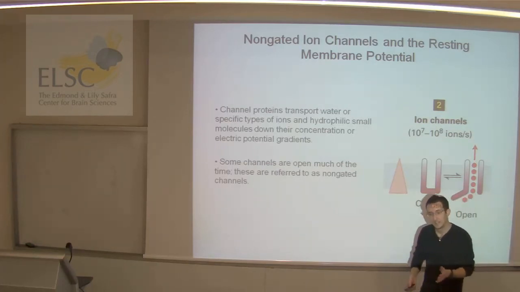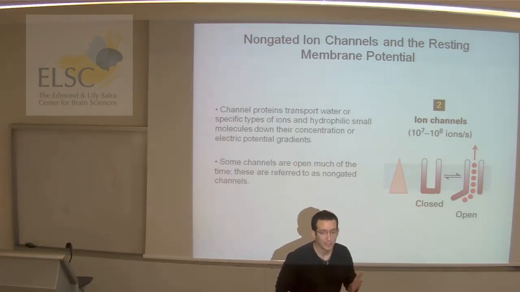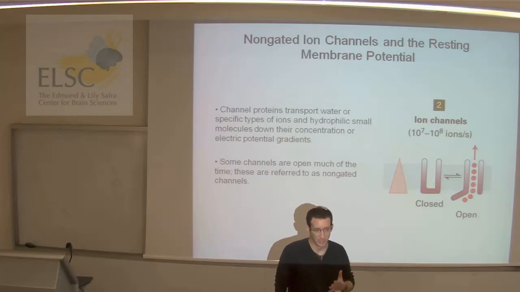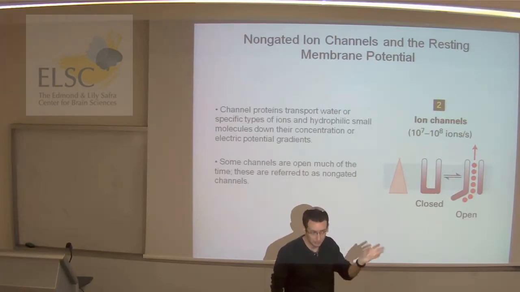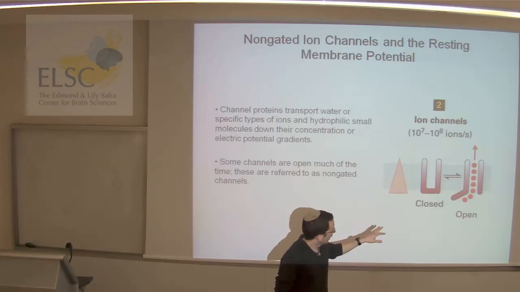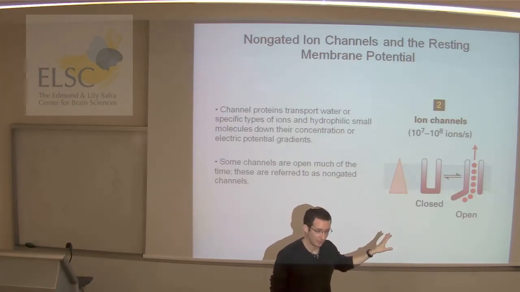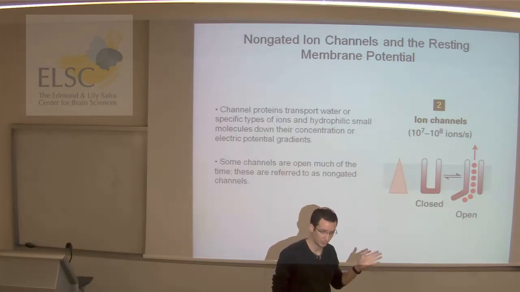So in these examples, the non-gated ion channels, what do you think? How would the cell regulate their function? For instance, if the cell needs less potassium at a given moment, and there are plenty of non-gated potassium channels in the cellular membrane, how would it regulate the transport of this ion? Sorry?